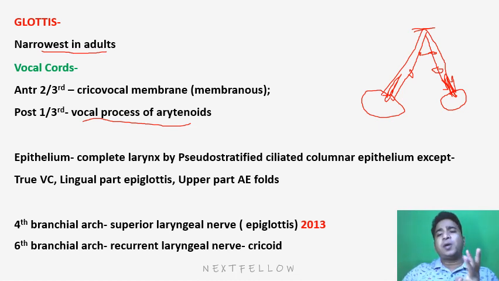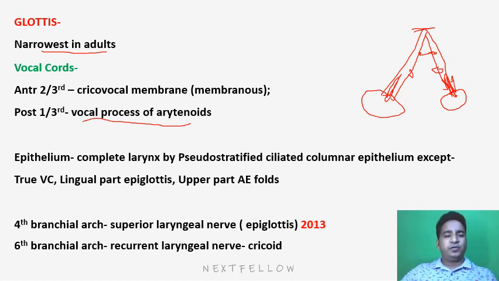These three parts in this respiratory pathway are not made up of pseudo-stratified ciliated columnar epithelium, but consist of squamous epithelium. So try to remember, in the true vocal cords the epithelial lining is not pseudo-stratified epithelium but squamous epithelium, and that is the reason why keratotic plaques and nodules form in the true vocal cords.